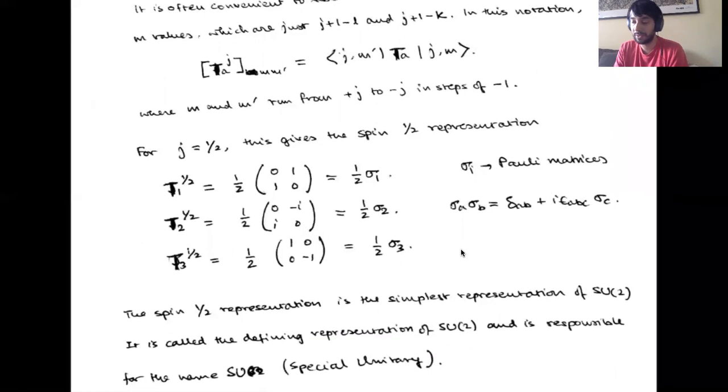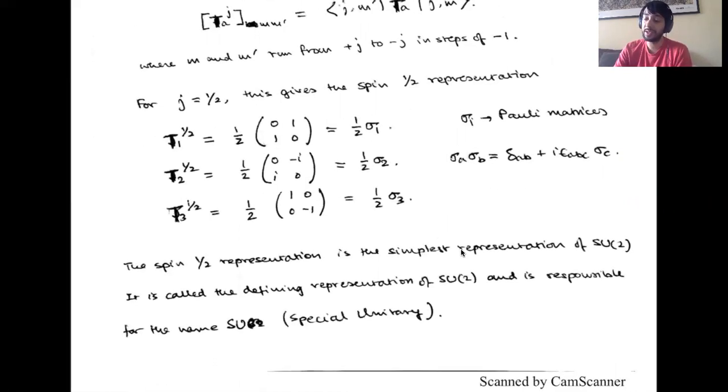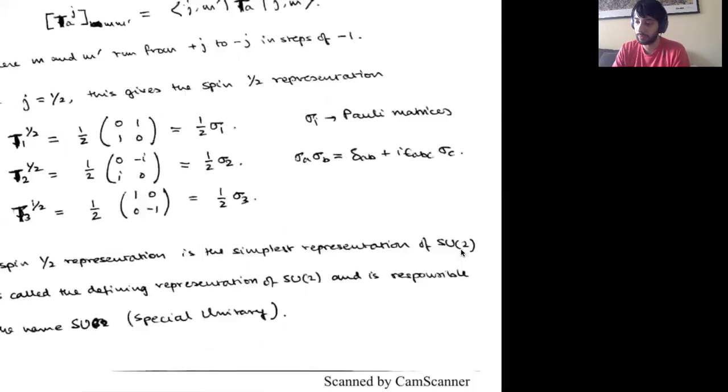This is again something very well known to you, and this is going to be called the spin half, or spinorial representation of SU(2). This is the defining representation and also responsible for its name, SU: special unitary two-dimensional representations. So this is the defining representation for SU(2).